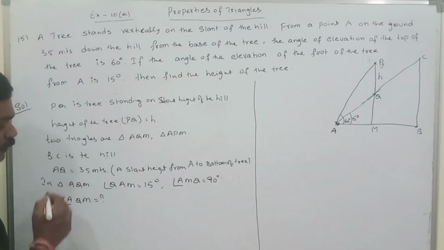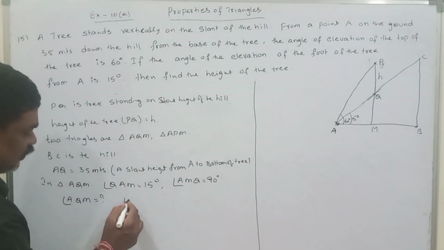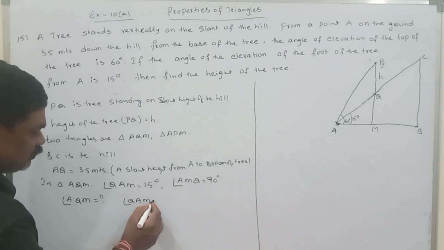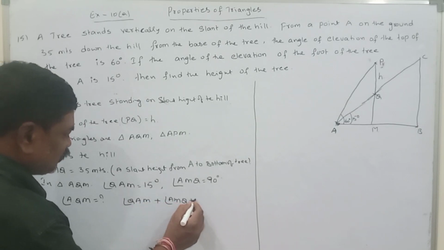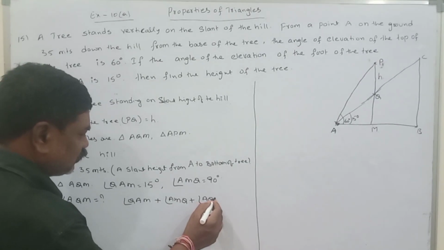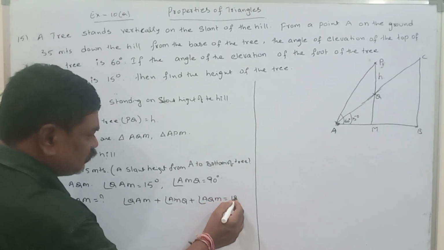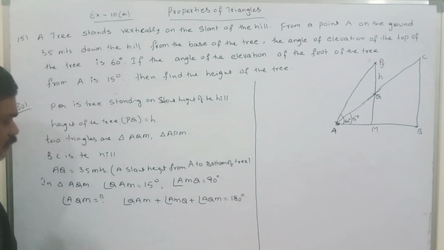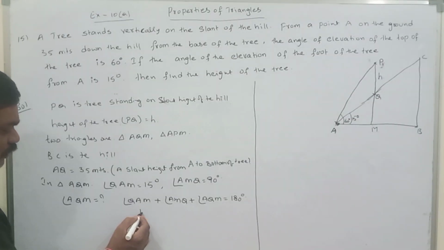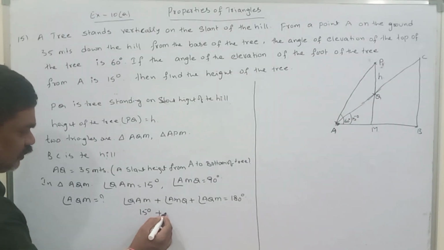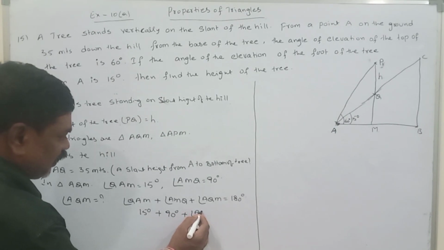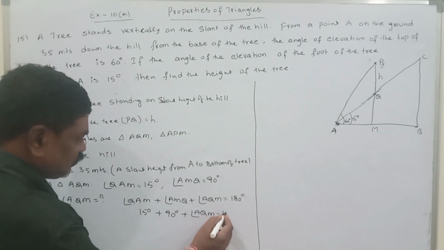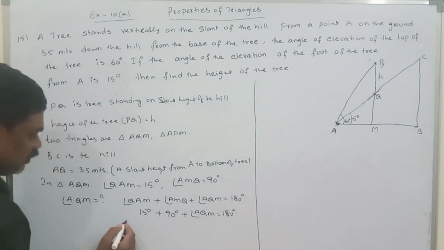Angle QAM plus angle AMQ plus angle AQM is equal to 180 degrees. QAM is 15 degrees, given, plus 90 degrees plus angle AQM is equal to 180 degrees.